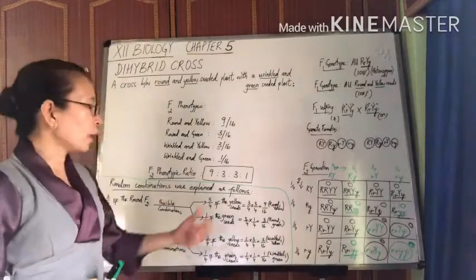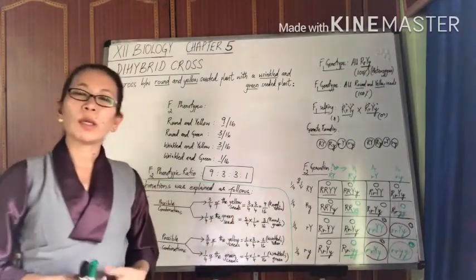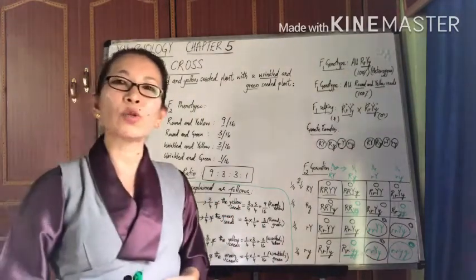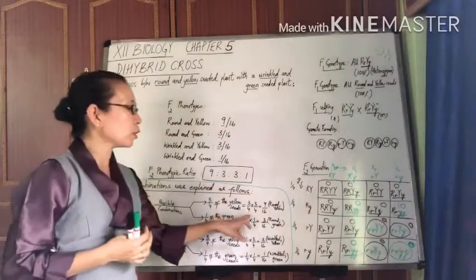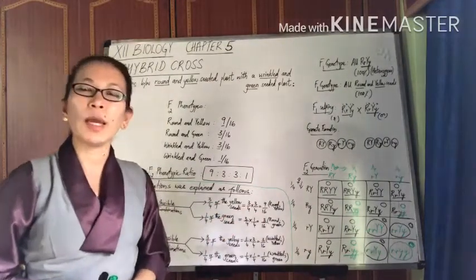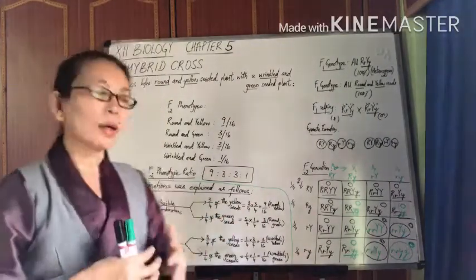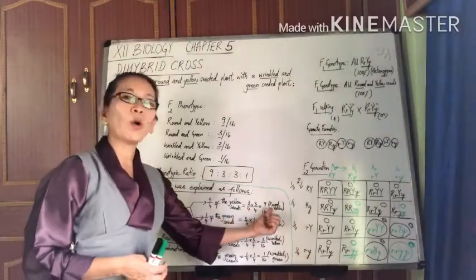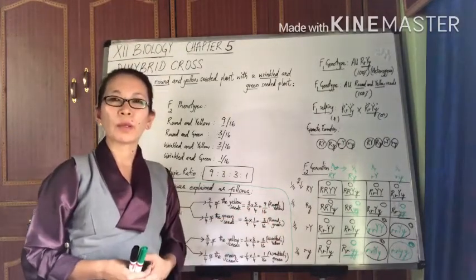If we look at the product rule of probability, it results in 9 possible phenotypes that are round and yellow.